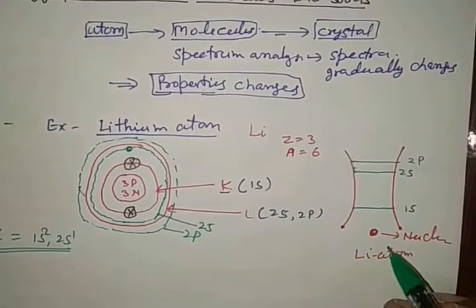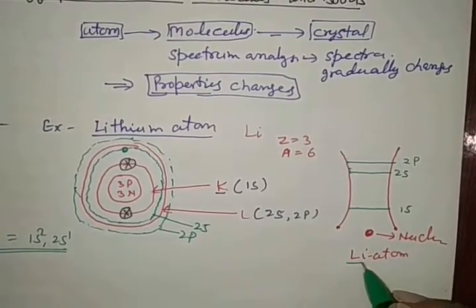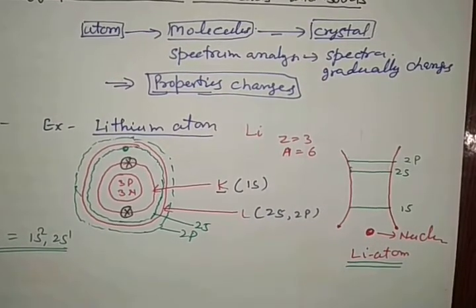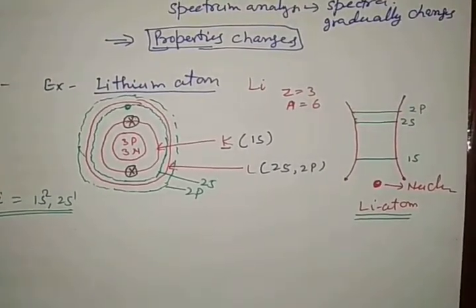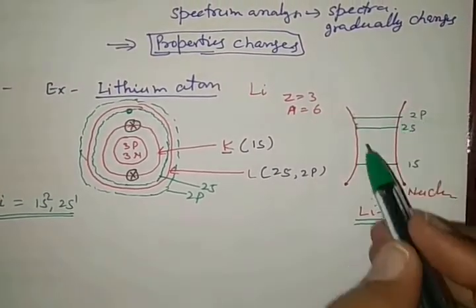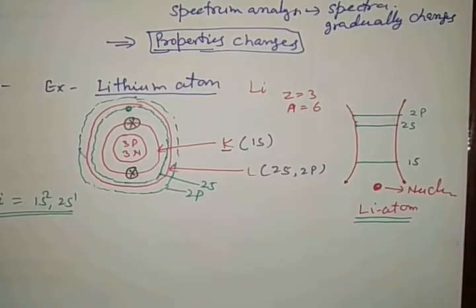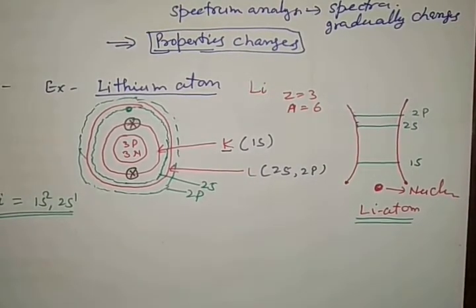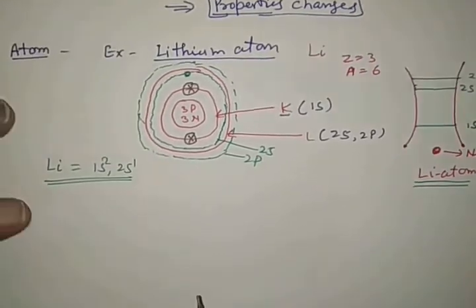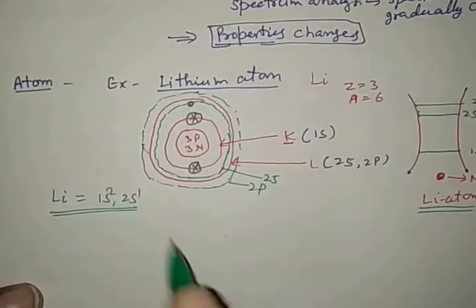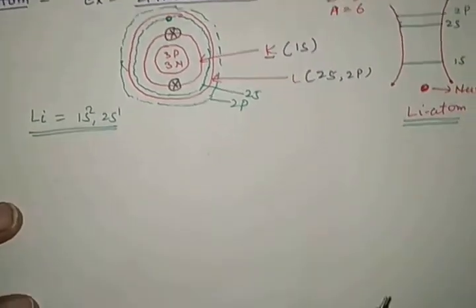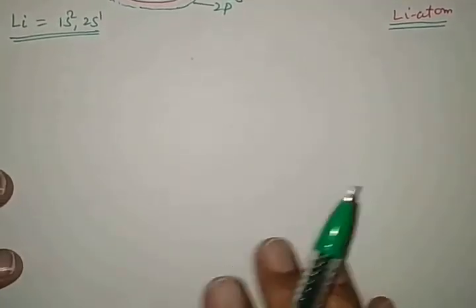This is the spectrum analysis of the lithium atom. Clear? See carefully. Thereafter, what are we going to do? Watching the spectrum of lithium atom, we are going to see the spectrum analysis of lithium molecule.